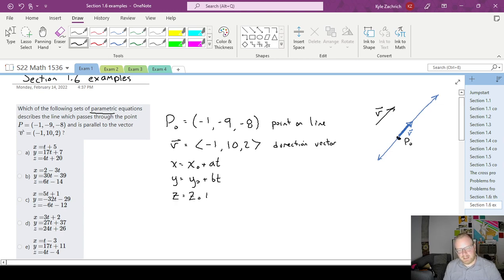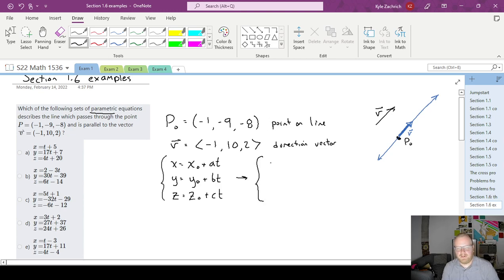Your book does not use A, B, and C here, but I find it more useful than talking about V1, V2, and V3, just because I want to avoid subscripts whenever I can. But hopefully you can distinguish between this ABC that I use here and the ABC that I use in the normal vector of a plane.